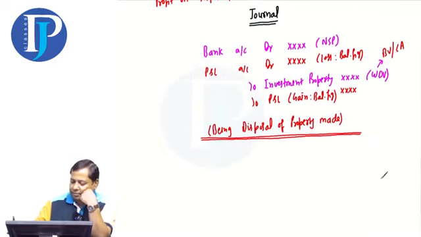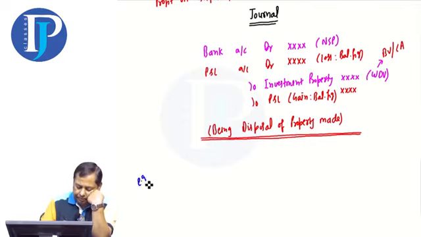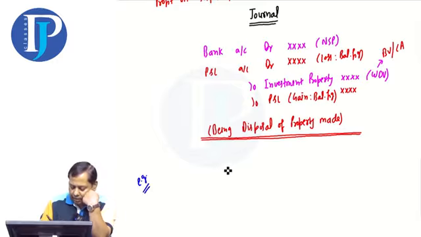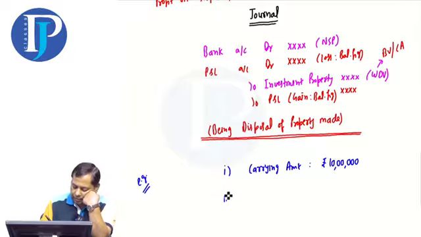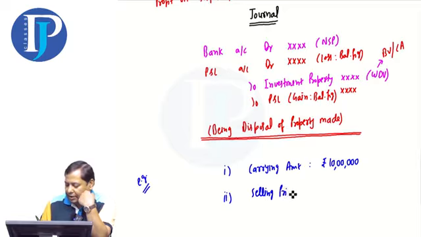Write an example. I have the carrying amount, ₹10 lakh. I have the selling price, let's say 14 lakh rupees.